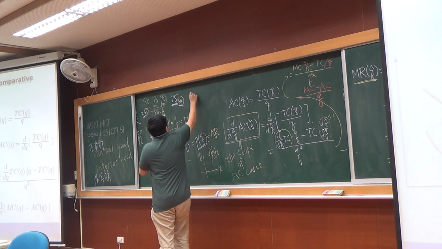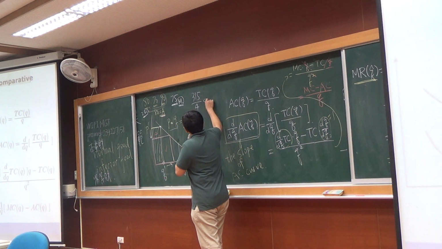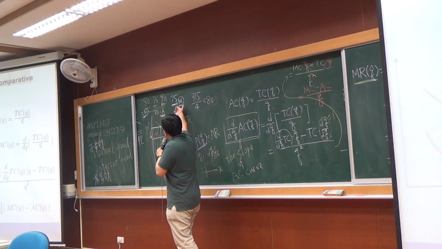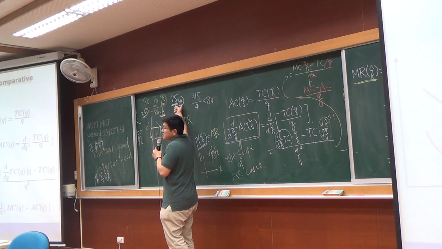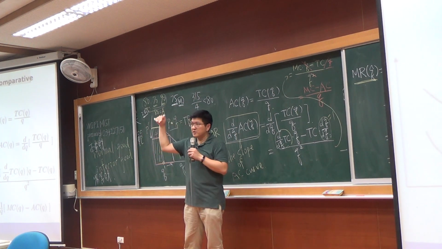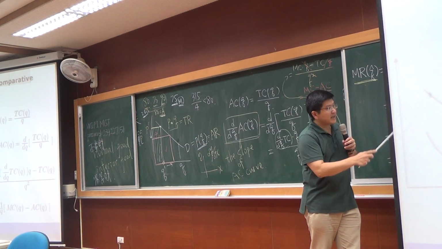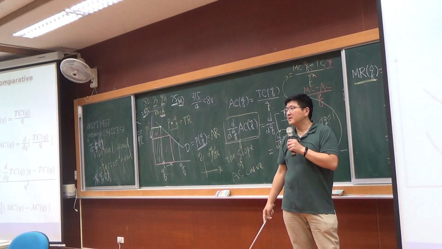So you will see 315 divided by 4 must be less than 80, right? So a marginal smaller than the average makes the average go down.